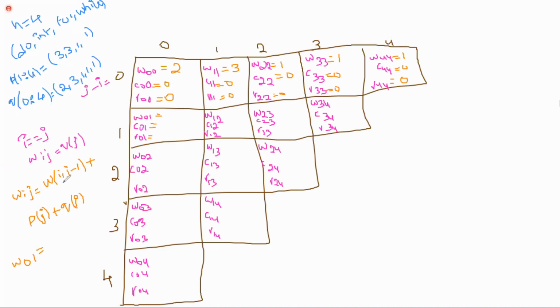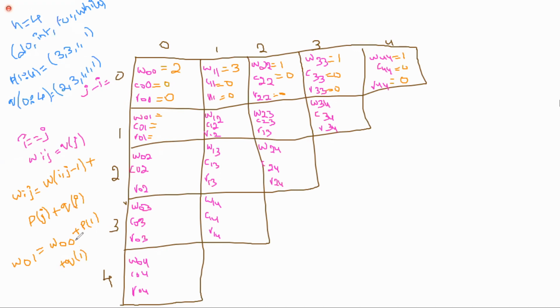W01 is equal to W, I value is 0, J minus 1 means 1 minus 1, which is also 0, plus P of 1 plus Q of 1, because it is P of J plus Q of J.